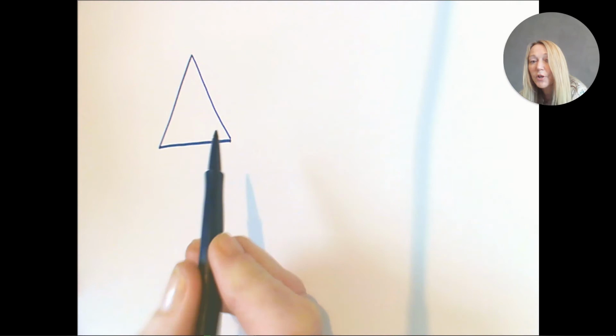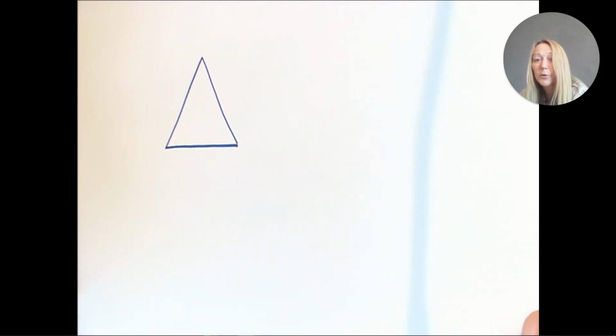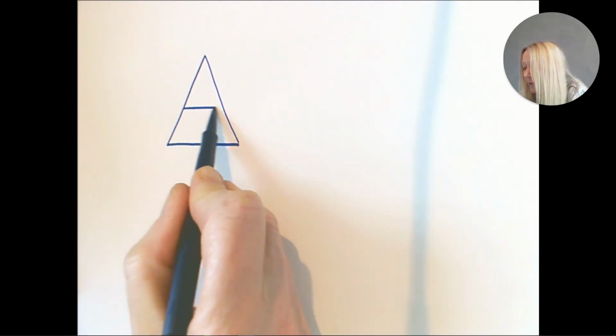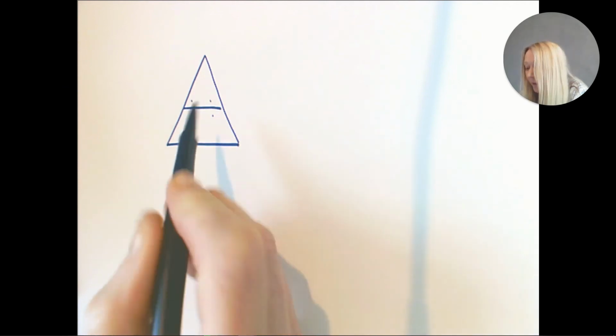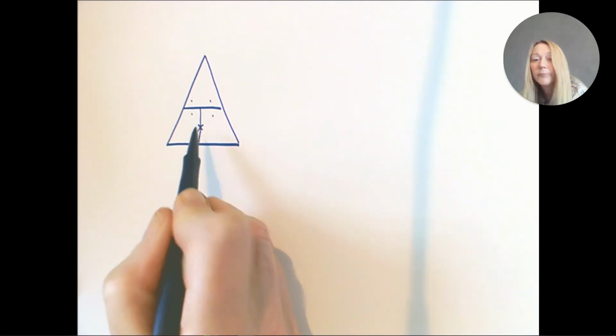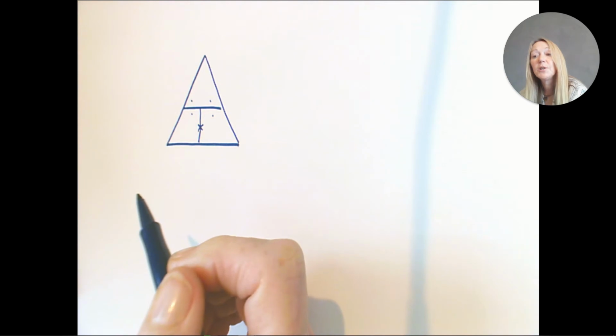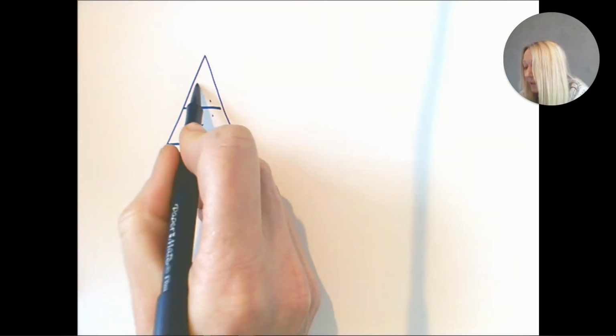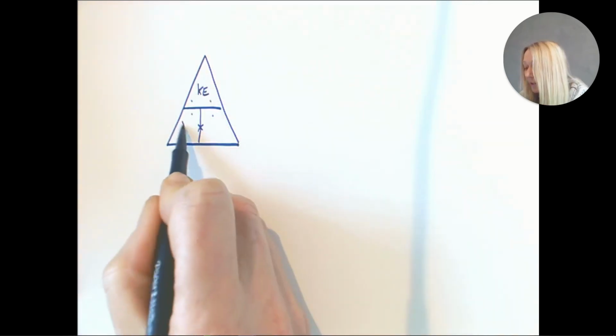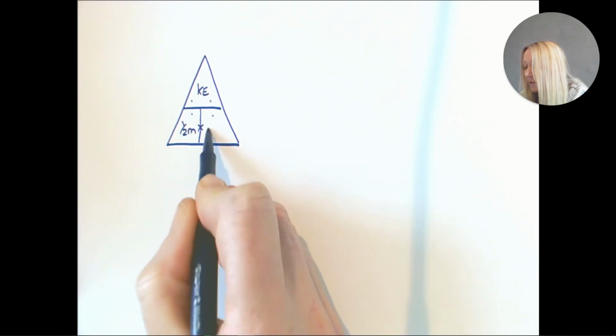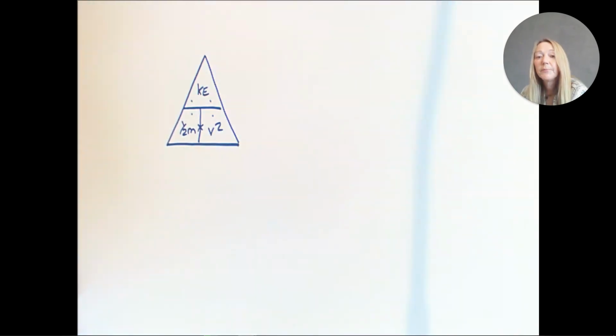Remember, as always with our triangles, we need to make sure that we have our divide line and this is our times line. So our kinetic energy equation just fits in here quite simply. Kinetic energy, half the mass times the velocity squared.